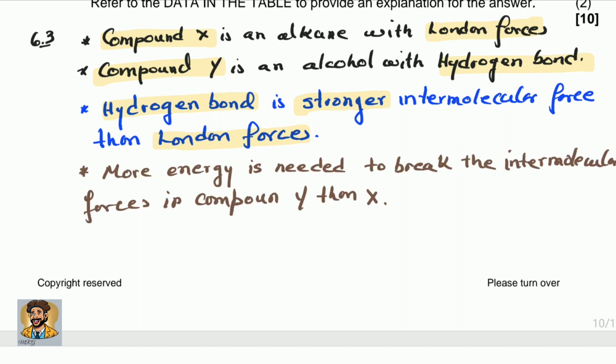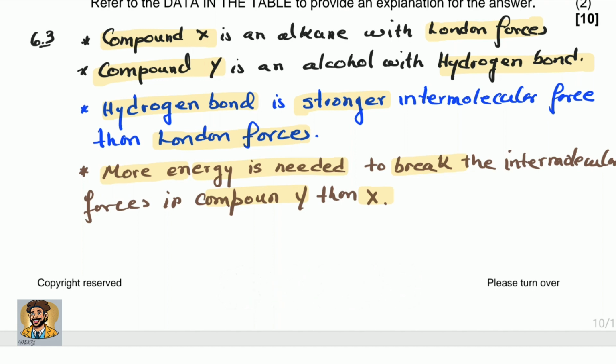And then you're supposed to say that more energy is needed to break the intermolecular forces in compound Y than X, or the other way around. Less energy is needed to break the intermolecular forces in X than in Y. That is the third thing you actually have to say.